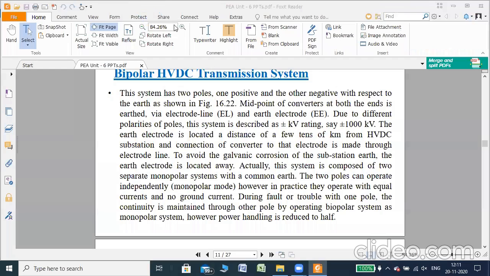Okay, so I just stopped my video so that the internet connectivity speed will be maintained. So in this particular homopolar HVDC transmission system, this type of system has two poles of the same polarity and earth as the return path as shown in the figure.